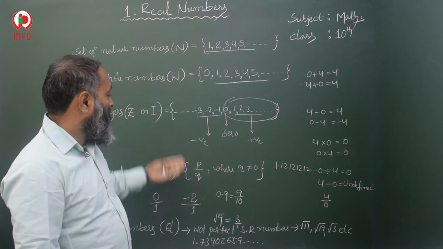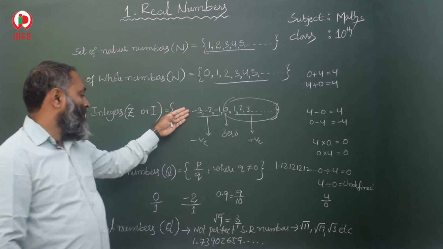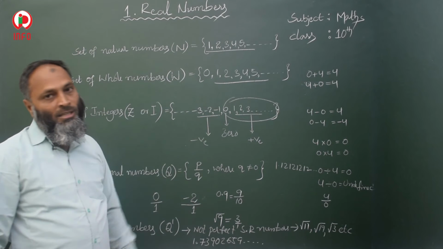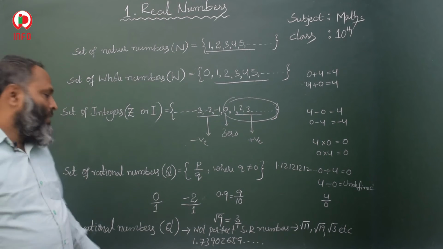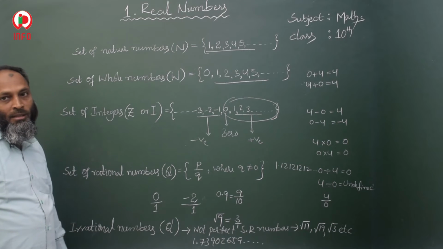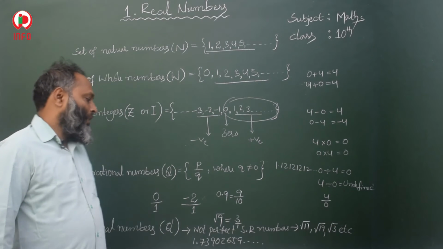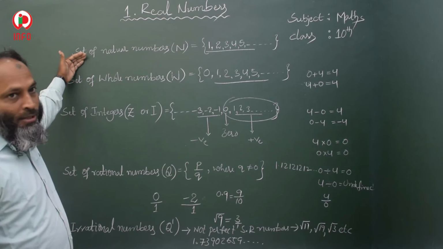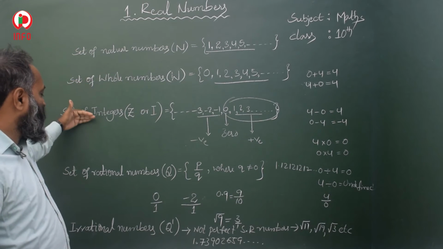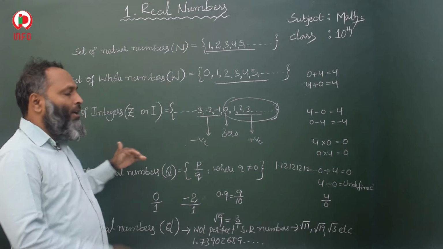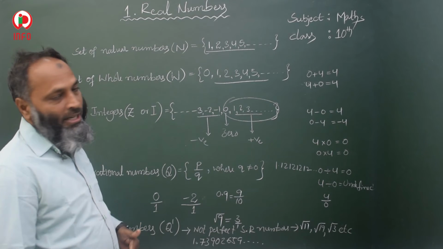And after that, whatever elements are present in the set of integers, all those elements should be there in the set of rational numbers. So, these sets have a relation between them.